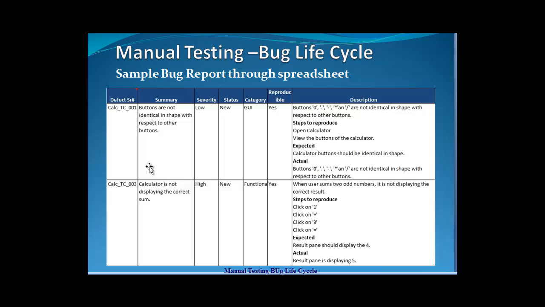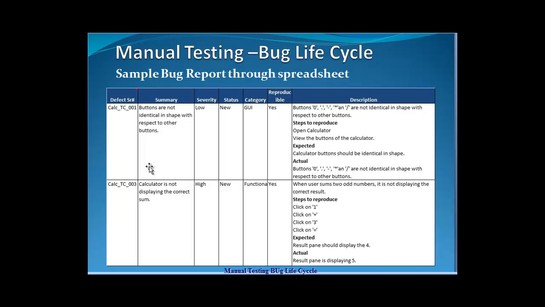Yes. And under defect description, we can see for which buttons the shape is not identical with respect to other buttons, how to reproduce that defect, what would be the expected result and what is the actual result.